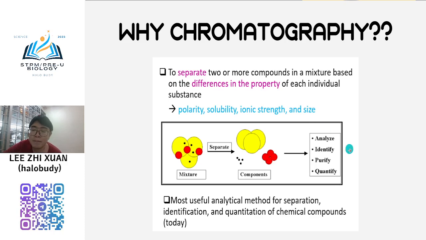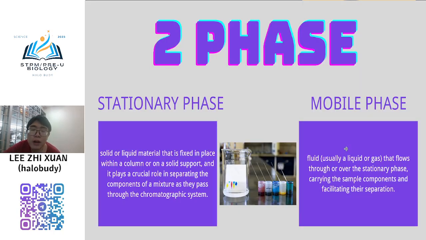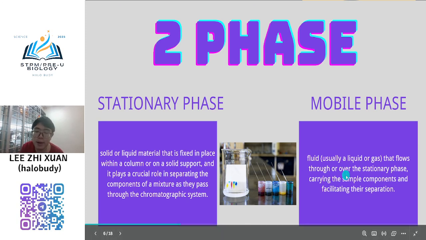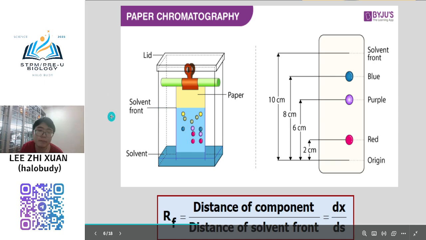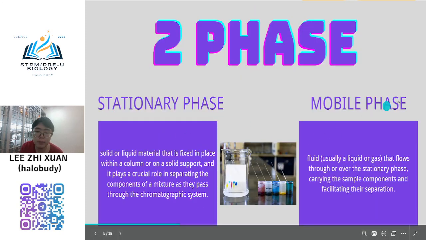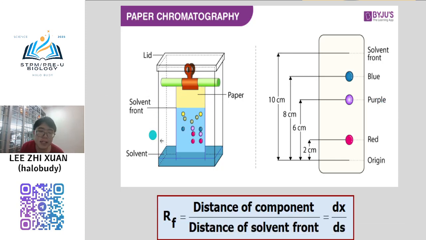In chromatography, and paper chromatography, there are two phases: the stationary phase and the mobile phase. The stationary phase is the place where your separation occurs.